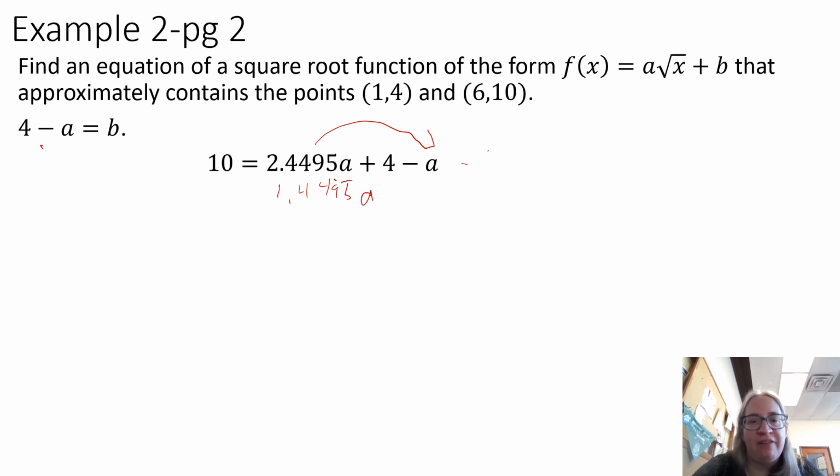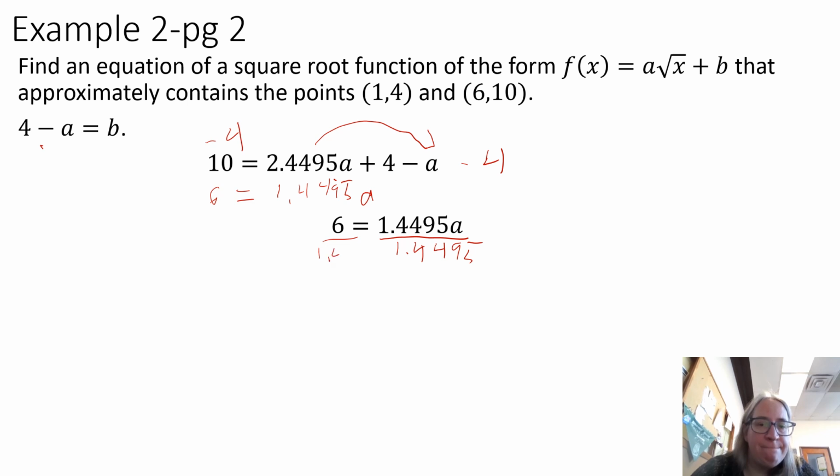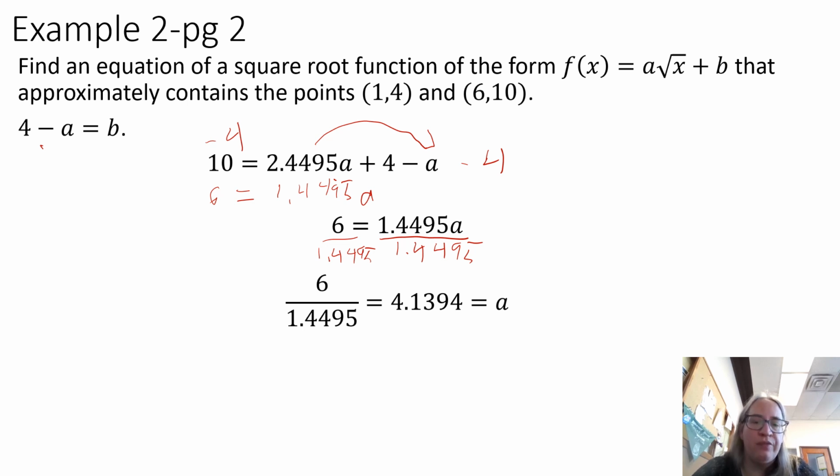But then I'm going to subtract 4 from both sides, so that'll give me 6 on the left. Or written more nicely, 6 equals 1.4495a. So now to get a by itself, I just have to divide by this decimal, 1.4495, on both sides. So I end up with a alone equals 6 over 1.4495, which turns out to be 4.1394.